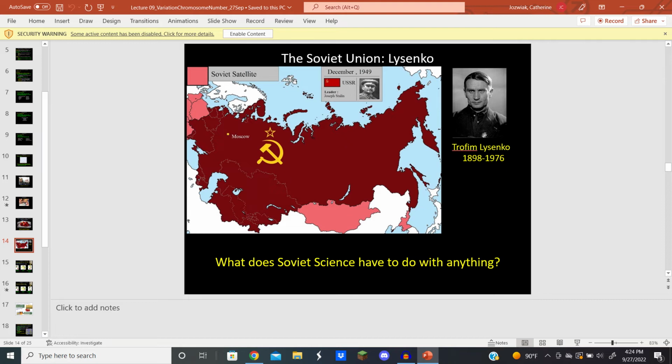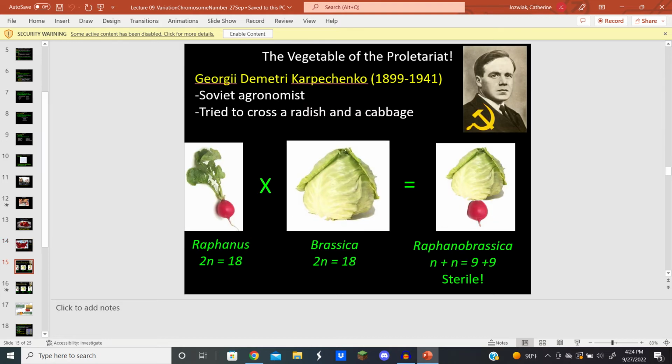And he had appointed another agrarian, a junior agrarian, named Georgy Dmitry Karpachenko, to basically engineer the vegetable of the proletariat. Now, this was an attempt at a hybrid between two really easily grown and commonly grown plants that are also closely related to each other: radish, which goes by the genus name Raphanus, and cabbage, which goes by the genus name Brassica.